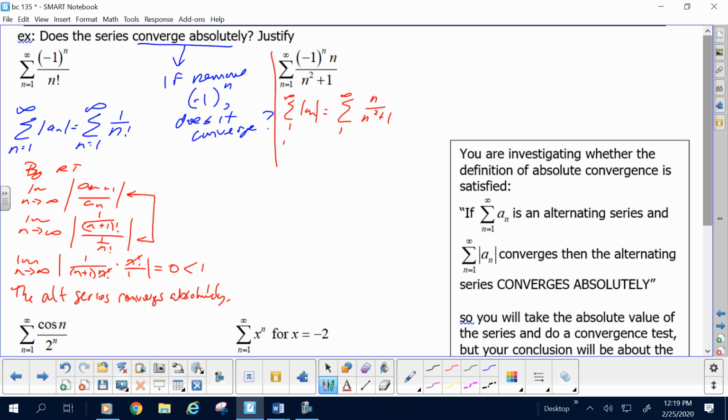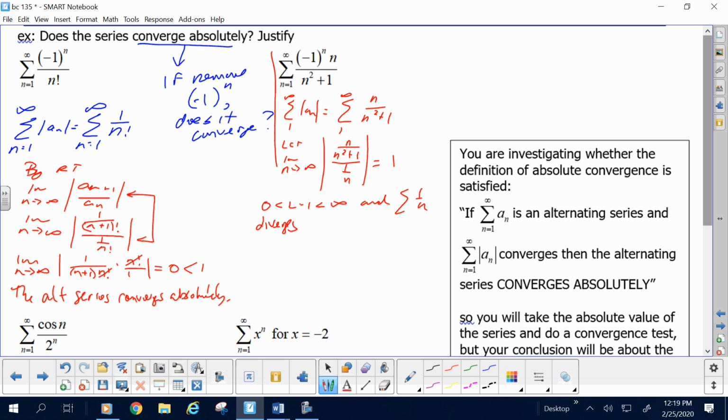Limit comparison test. By the limit comparison test to harmonic, we would say something like the limit as n goes to infinity of the given function as compared to 1 over n is, what is the limit? 1, okay. So we would say something like 0 is less than the limit of 1, which is less than infinity, and the series 1 over n diverges.